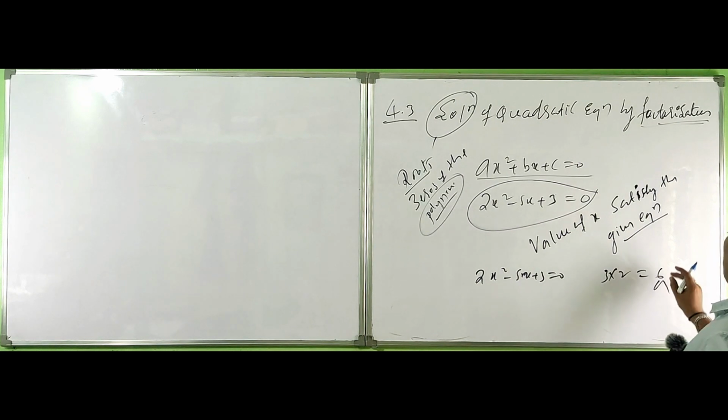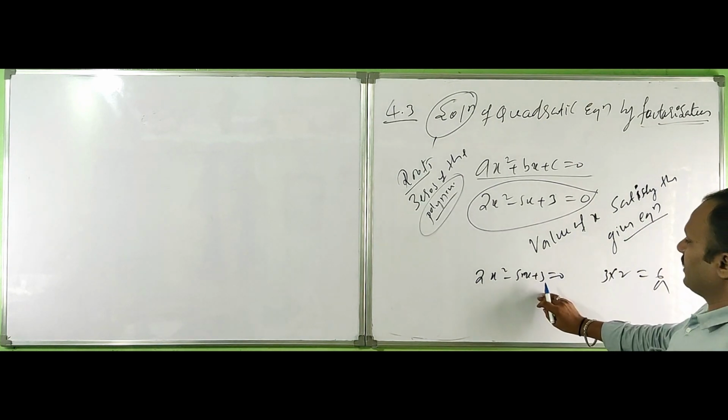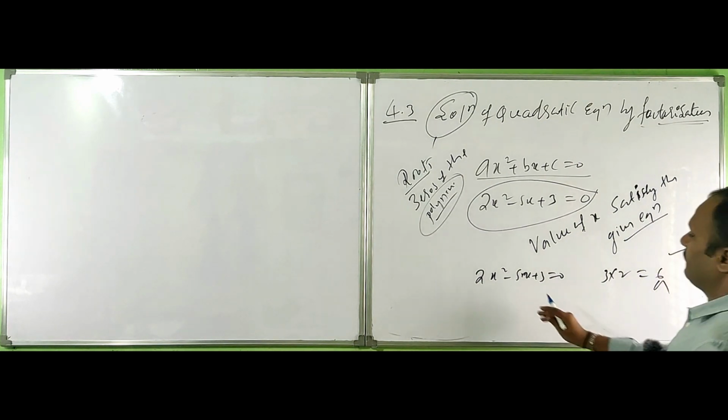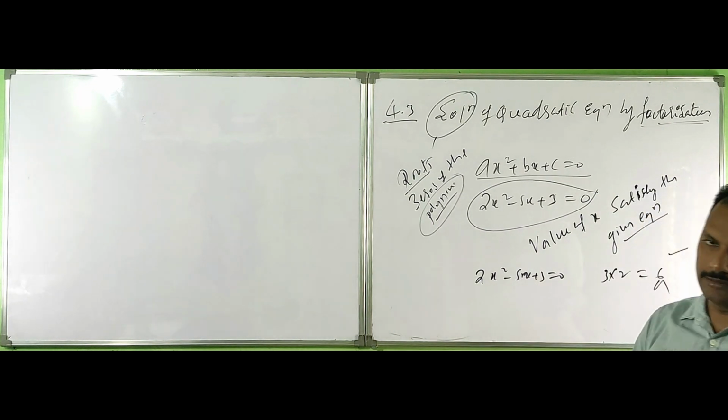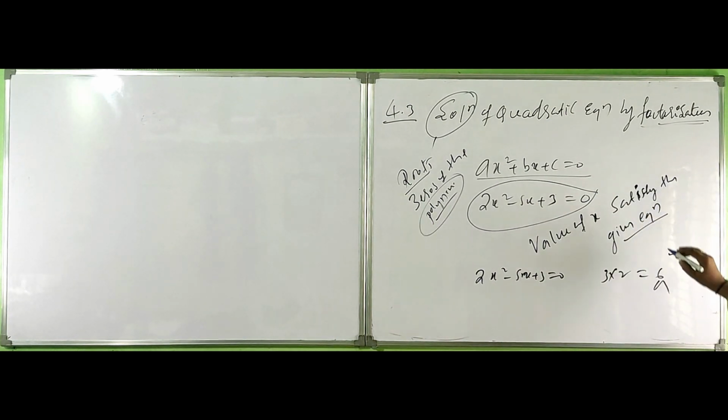So here, if we multiply these two factors, I will get positive 6. If we add, I should get minus 5. By multiplication, you should get 6. By adding or difference, you should get minus 5. We should take such factors.